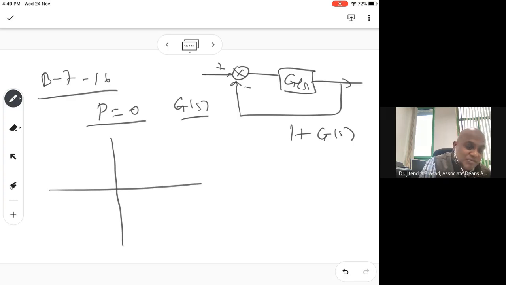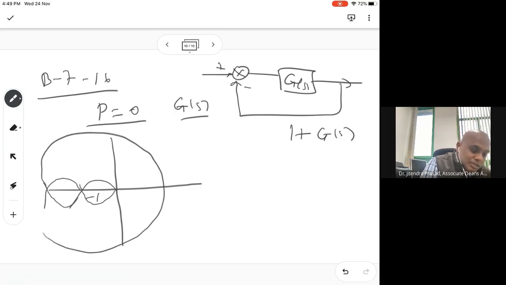Here is -1, and then we have the curve like this, and then it goes like this, and so on. And -1 is here.